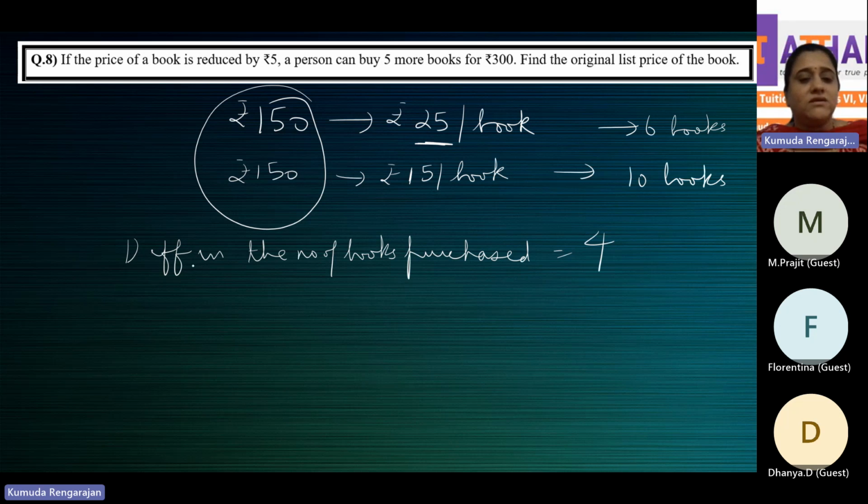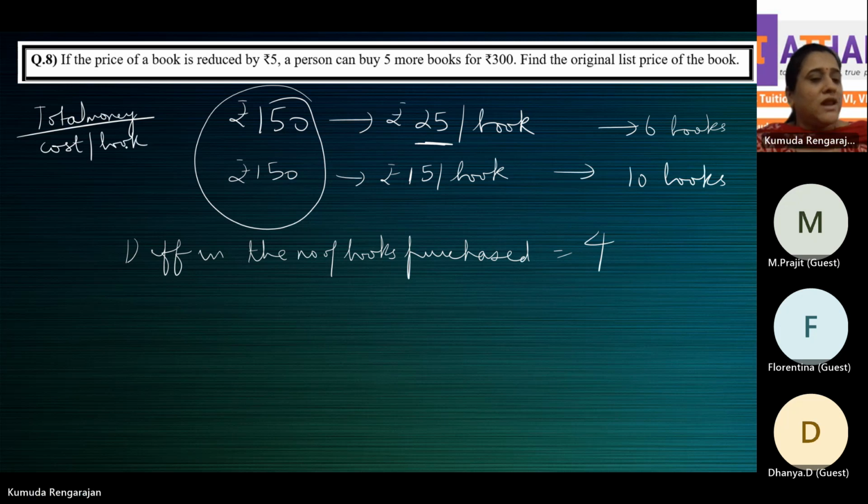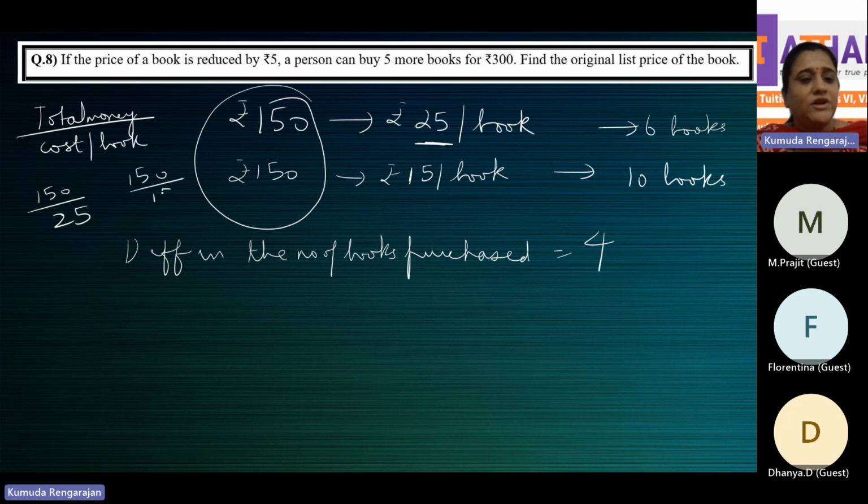Now, how will you find how many books you can buy? The total money you have, divided by the cost or the price per book, correct? Like 150 rupees by 25 rupees, 150 rupees by 15 rupees.